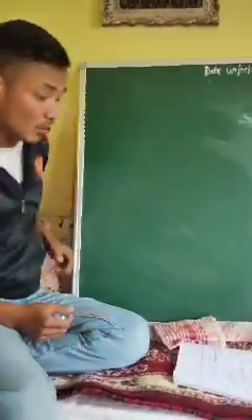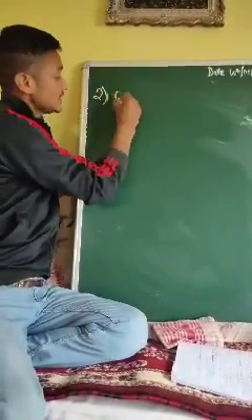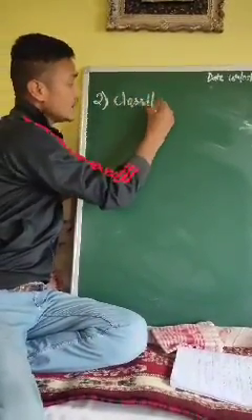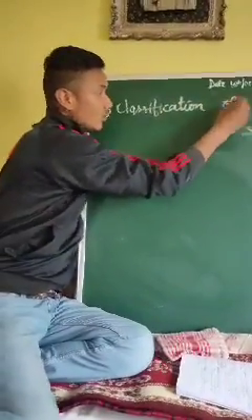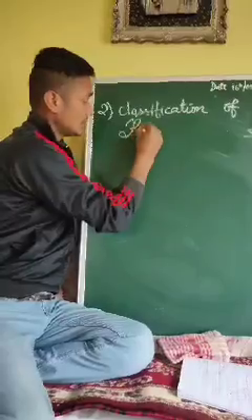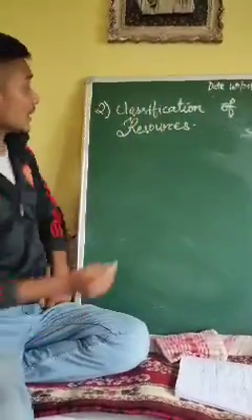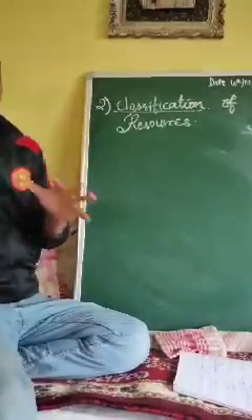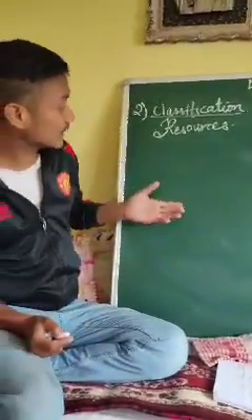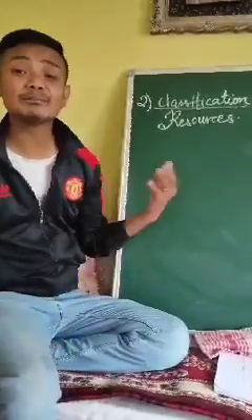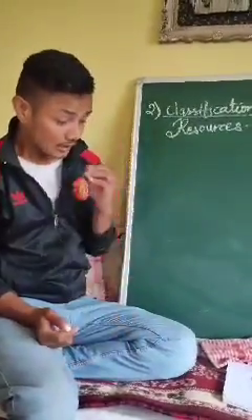Now let me go to another point. Number two, what is the classification of resources? The term classification means how the resources have been divided. Resources have been divided into many types, or there are different types of resources.